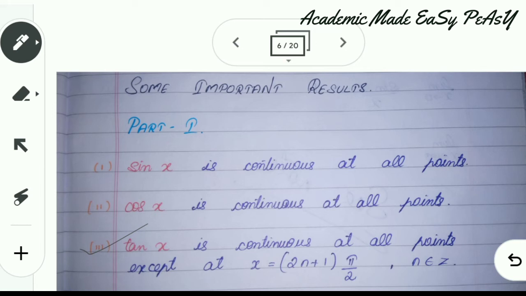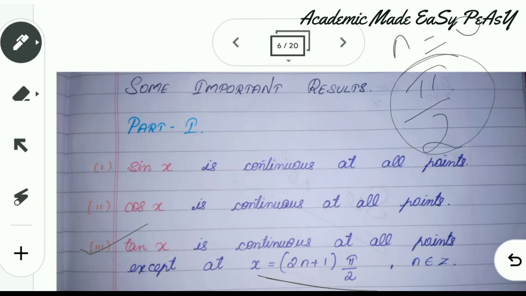So next it is tan x. So tan x is continuous at all points except x is equal to (2n plus 1) pi by 2, where n is some integer. So just see here, when is tan not defined? Tan is not defined at pi by 2. Let us start with n equal to 0. So when we apply it over here, x is equal to (2n plus 1) pi by 2. When n is equal to 0, 2n will become 0, so pi by 2.